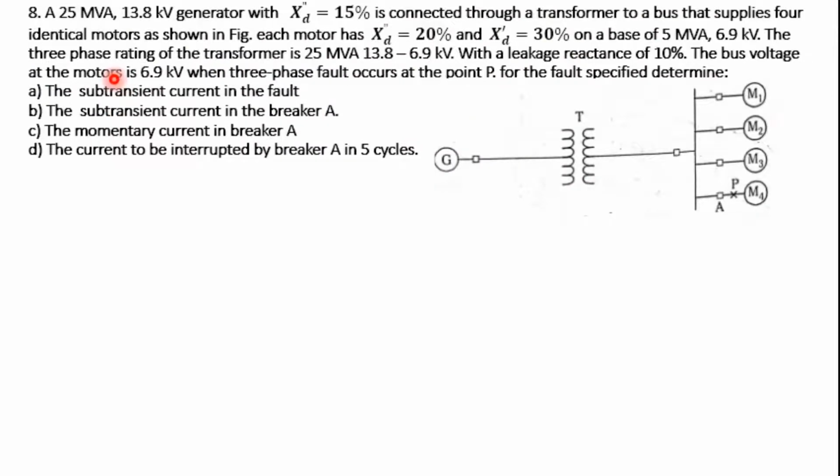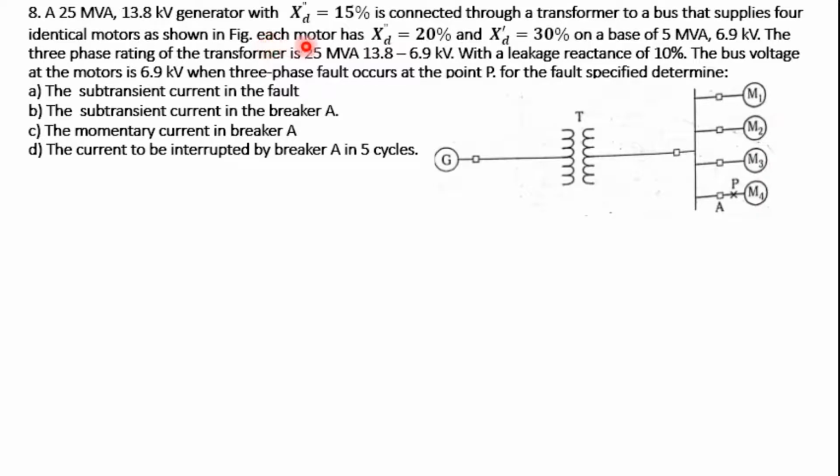Let us consider another numerical. A 25 MVA, 13.8 kV generator with X"d, the subtransient reactance, of 15% is connected through a transformer to the bus that supplies four identical motors, M1, M2, M3 and M4.